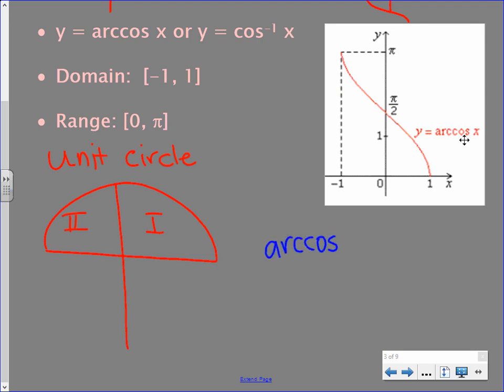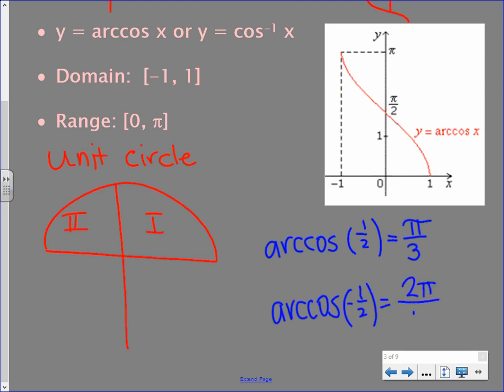For example, if I asked you for the inverse cosine of 1/2, you would tell me what angle? Where's the cosine 1/2? Okay, so pi over 3. However, if I asked you for the arc cosine, inverse cosine of negative 1/2, we would have to go to the second quadrant and choose the angle 2 pi over 3.